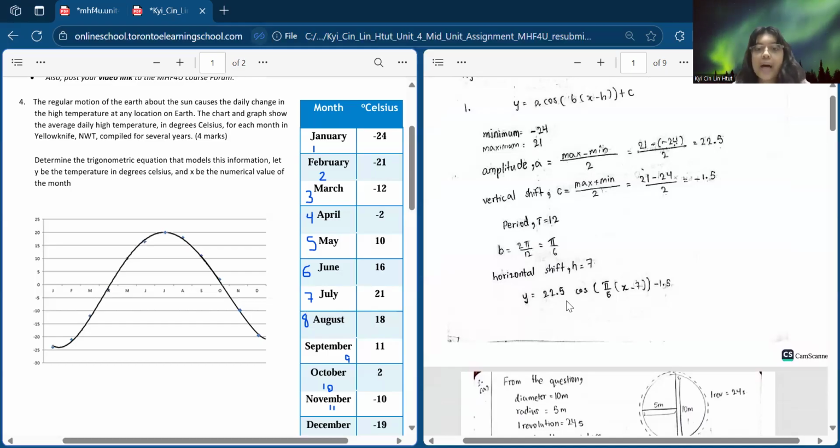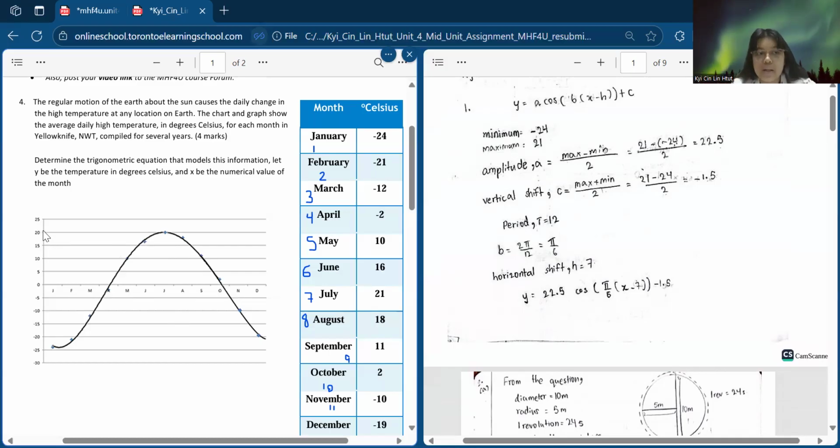Now we can see that the graph, so this is the cosine graph, it shifted to 7 units, which is in July. Because as we all know, the cosine graph starts with the maximum point. But we can see that if it actually started with the maximum point, it should start here.